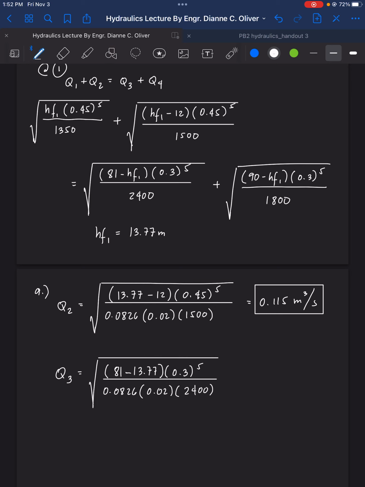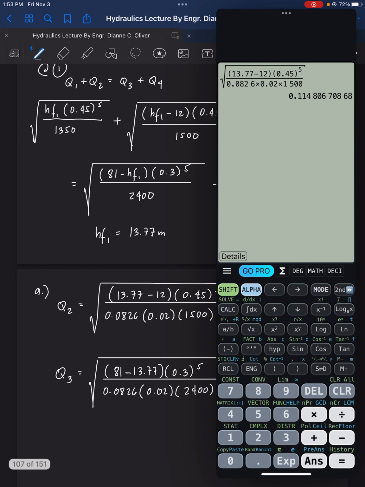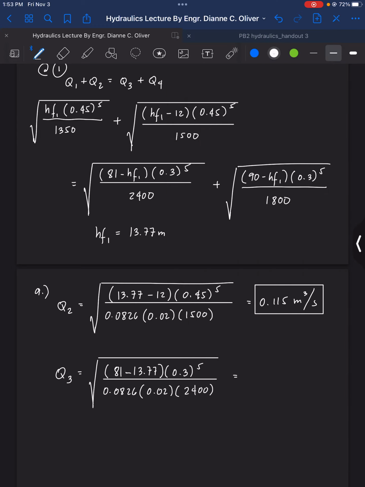So what's the value of Q3? So that is 81 minus 13.77, 0.3 and then 24. So Q3 is 0.203 cubic meter per second.